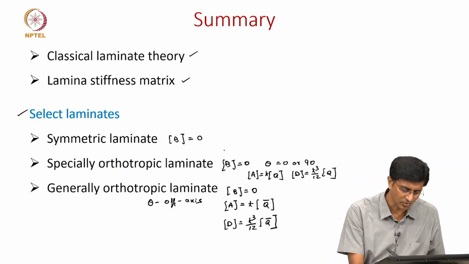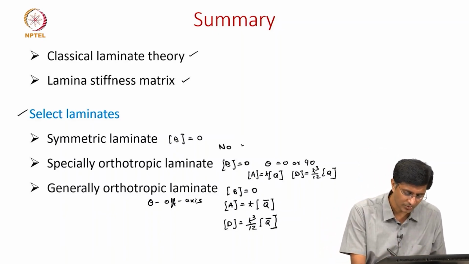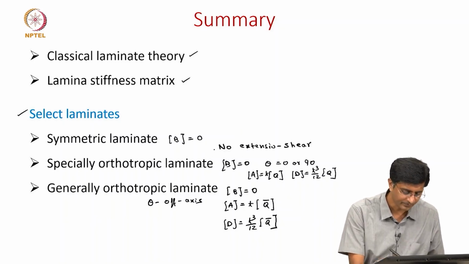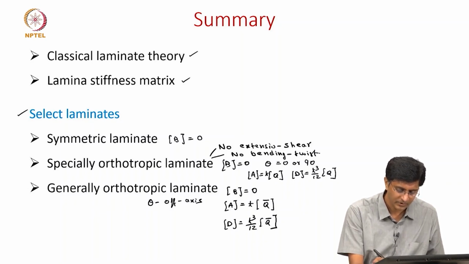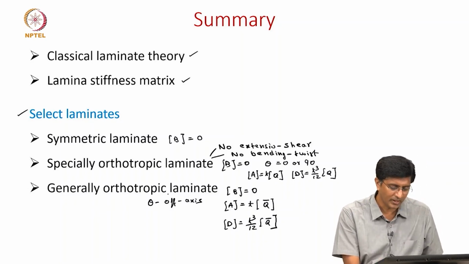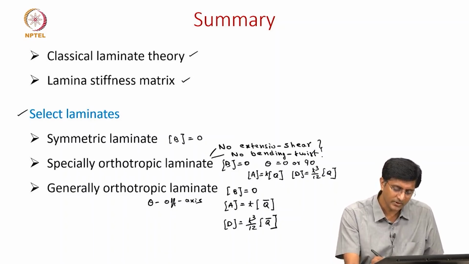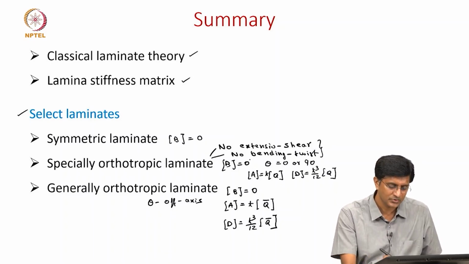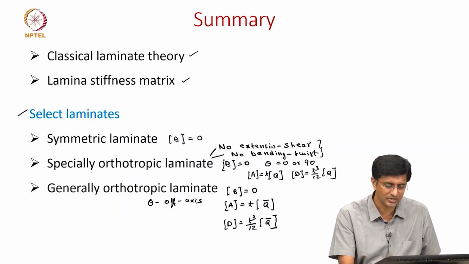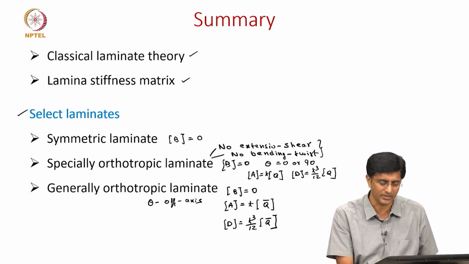So which means there is no extension shear coupling, neither is there bending twist coupling. But in the generally orthotropic laminate, both these couplings exist. So both the extension shear as well as the bending twist couplings are present in the generally orthotropic laminate.